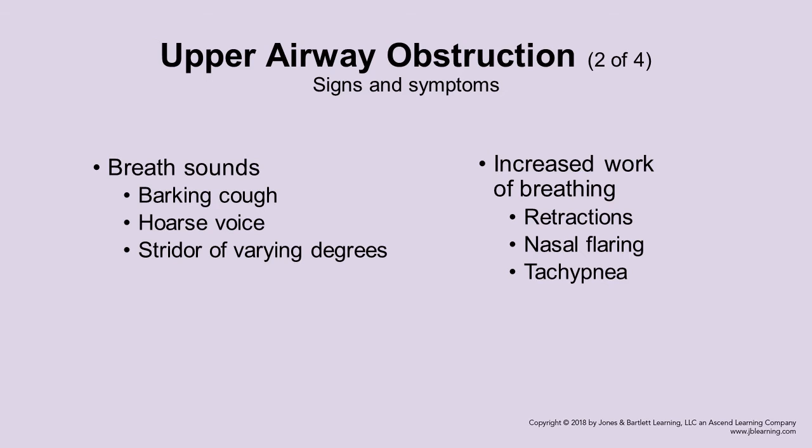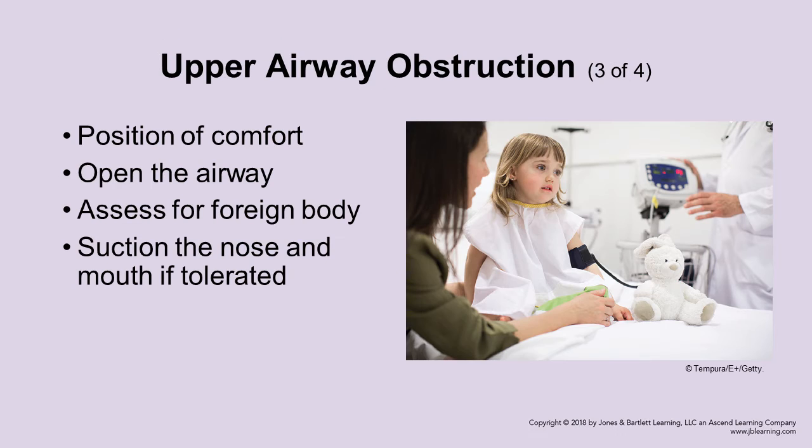Now stridor can be present on inspiration or expiration, and that depends on where it is in the airway and if it's amenable to certain airway maneuvers. This is just the sound of turbulent air passing through a narrowed airway or a narrowed passage. These children can additionally have signs of increased work of breathing, which we mentioned, and include retractions, nasal flaring, or tachypnea, or fast breathing.